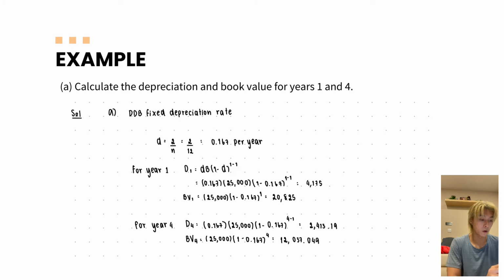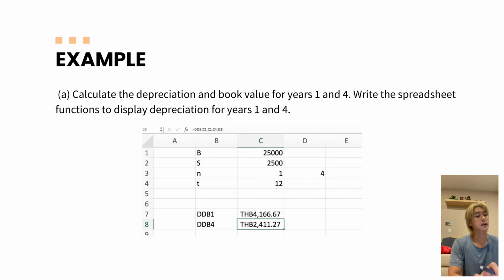For BV4 is equal to $25,000 multiplied by (1 minus 0.167) powered by 4, which gives us the value of 12,037.049.